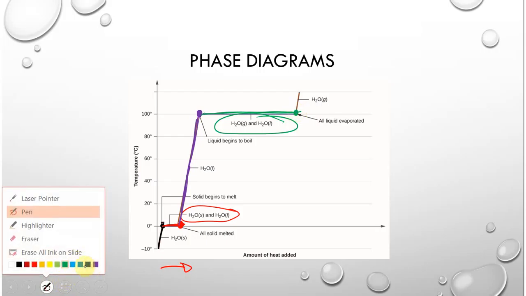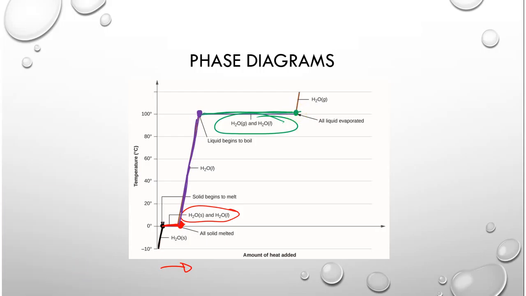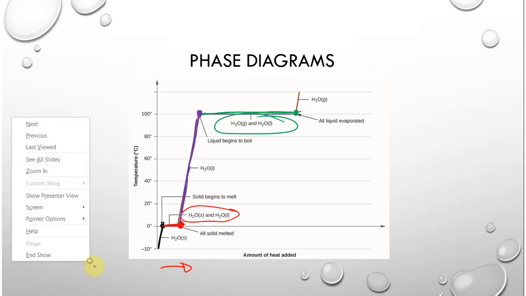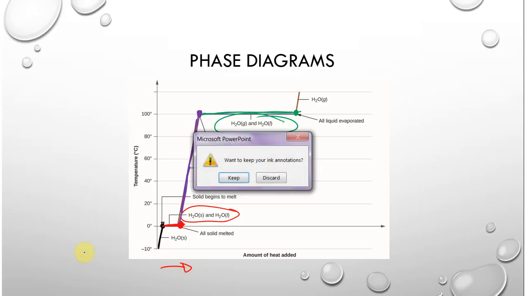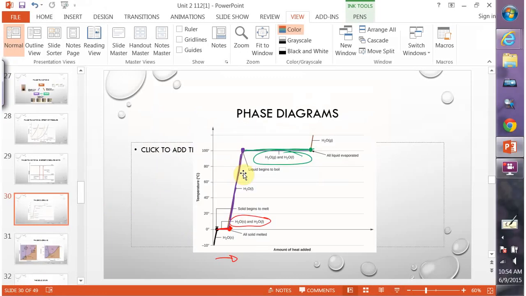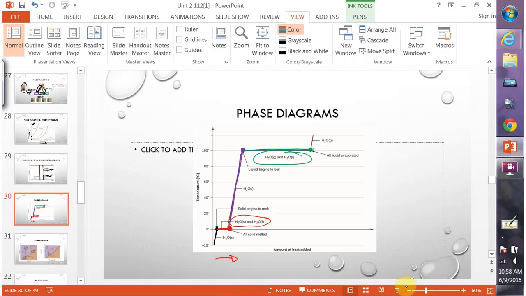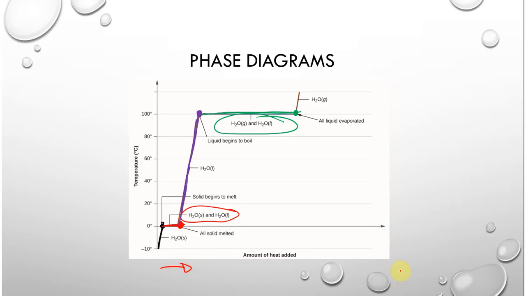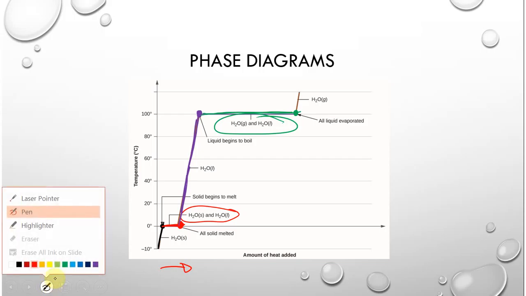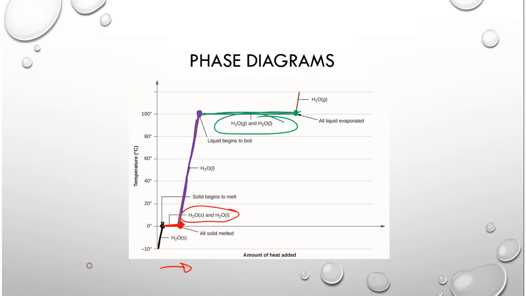Once all of the molecules are in the vapor state, increasing the energy at this point will actually increase the temperature again. And so you can kind of see the temperature of steam rises almost instantly. Has to do with the specific heat of water versus steam.